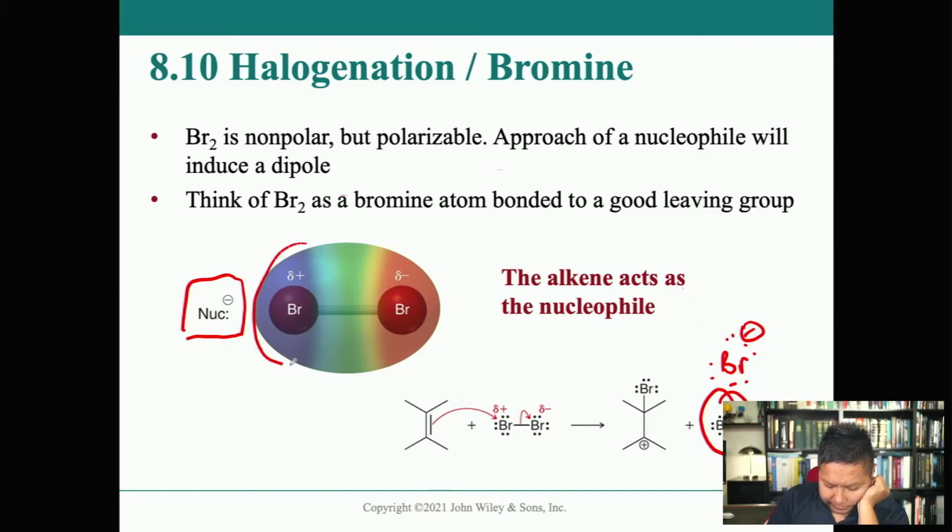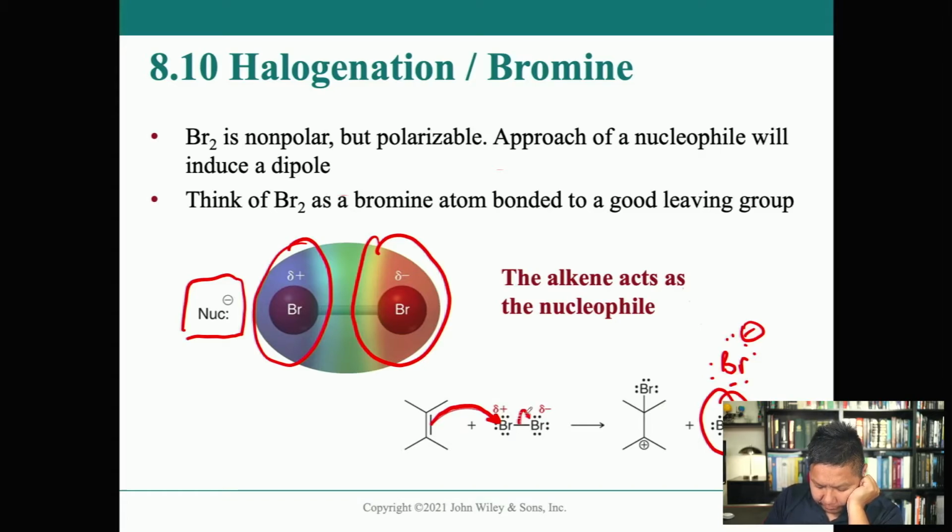And now there's a partial positive on this side of the bromine and a partial negative on that side of the bromine. Okay, so quite simply, what happens is that the double bond can do a nucleophilic attack on that partial positive bromine. Excuse me, and then the other bromine leaves as a bromide leaving group, and we get this guy right here.